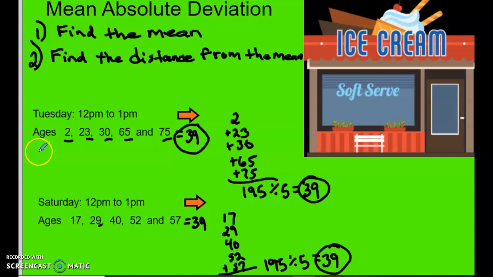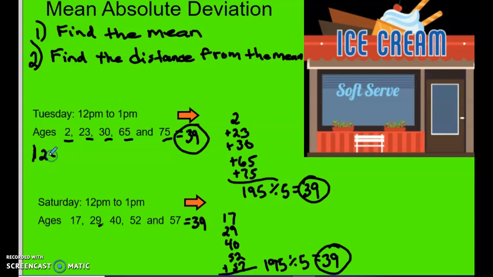What I'm going to ask you to do is just kind of take a brief look at what I'm going to do here, even though you don't know how to add and subtract integers, and then I'll just give you a quick little shortcut on how we're going to do that. So we're going to take each one of these numbers, we're going to complete step 2 by taking each one of them and subtracting them from the mean. So what you're supposed to do, and then these are the absolute value bars, we've learned about what they are.